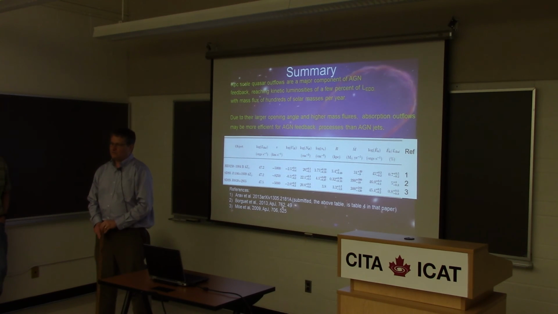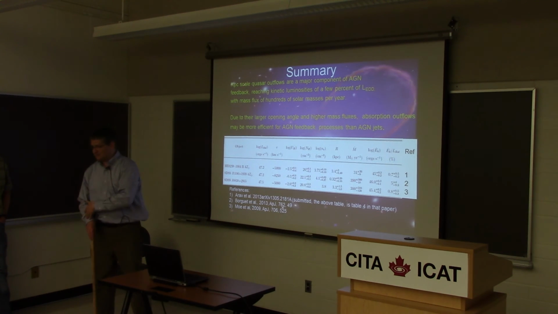With our UV distance indicators, we have cases where, if the outflow had a very high number density, the density indicator would tell us that. We've never seen an outflow with like 10 to the 10 number density that would put it at the edge of the accretion disk. But all of this is still very small number statistics.